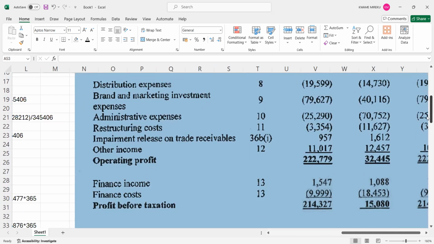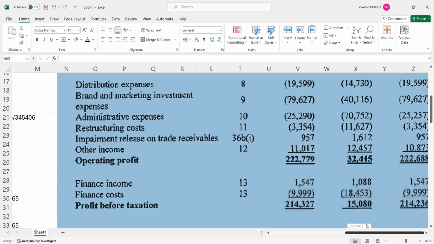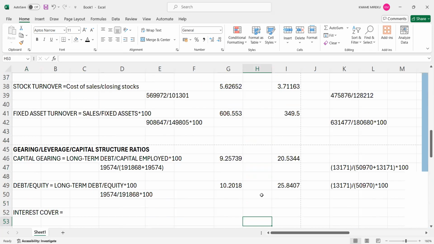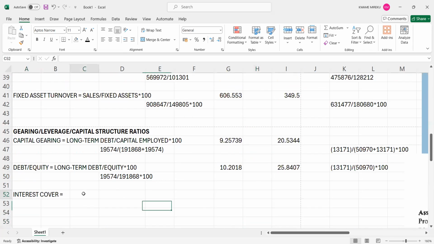Okay, finance cost is there, so that is the attributable interest. Okay, so let's go. So this is profit before interest and tax, and that's basically the operating profit, as we said at that time, divided by the interest payable. In this case, that will be the finance interest payable.